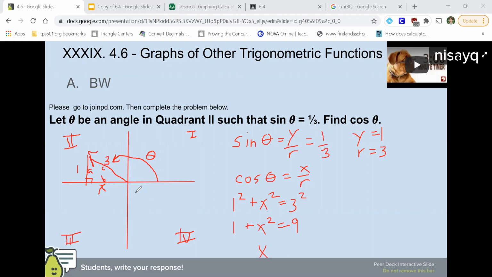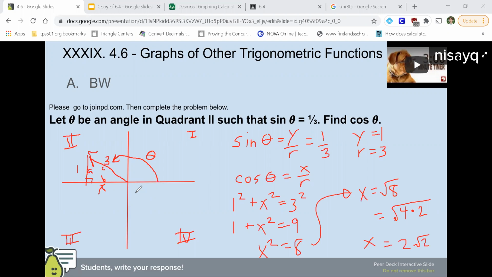Which means x squared has to equal 8. To get rid of this squared, we square root both sides, so x is the square root of 8. You could simplify that though, because 8 is the same thing as 4 times 2, and 4 is a perfect square. The square root of 4 is just 2.